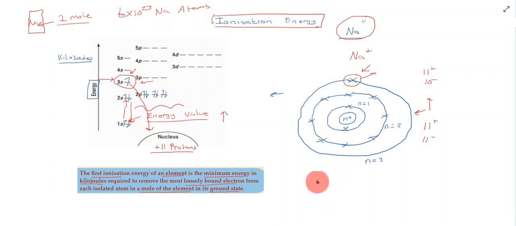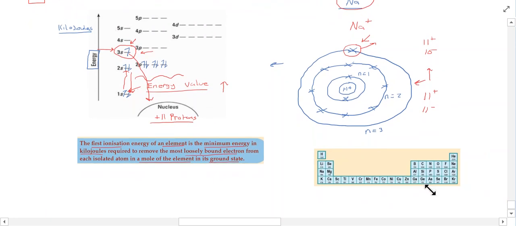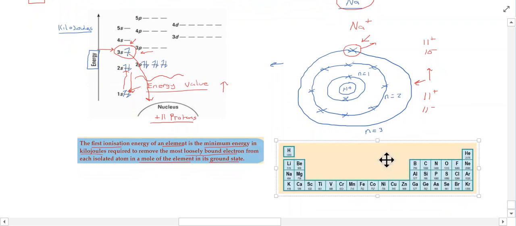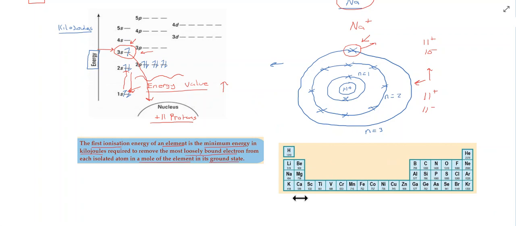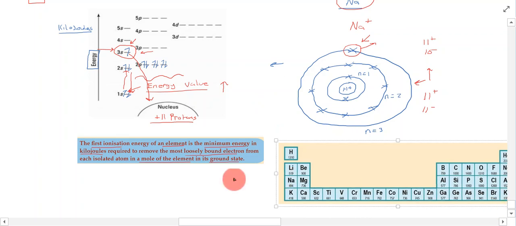So what we can do then is start to look at some of these ionization energies. Just in this lesson, we'll just look at sodium. So how much energy does it take to take off that first electron? Remember, we're talking about kilojoules. So as we can see here, this is the first ionization energy for a number of different elements on the periodic table.